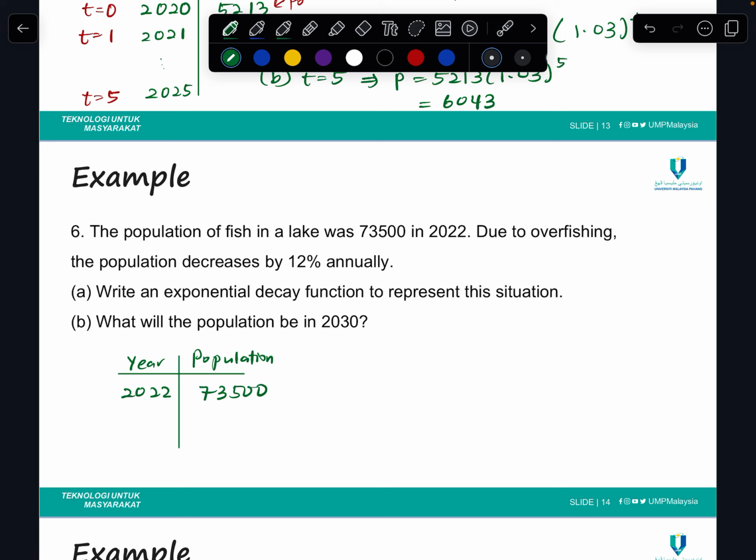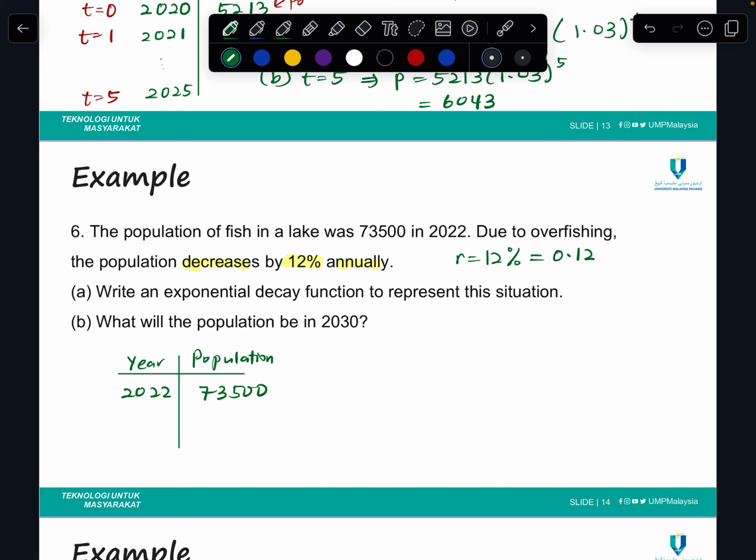Due to overfishing, the population decreases by 12% annually. So here r equals 12%. We change it into decimal, so it equals 0.12.